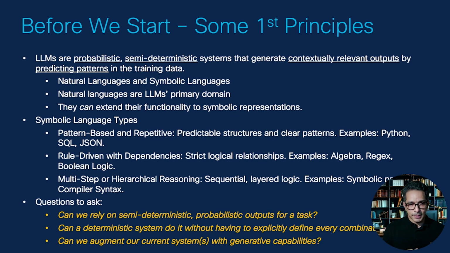And the third one is, can we augment our current systems with generative capabilities? So key things to keep in mind: probabilistic, semi-deterministic systems, these are agents, or LLMs in general, which excel in natural language and with varying degrees in symbolic language. And we should compare and contrast with deterministic systems given a task or a system or a sequence of actions that need to be taken.